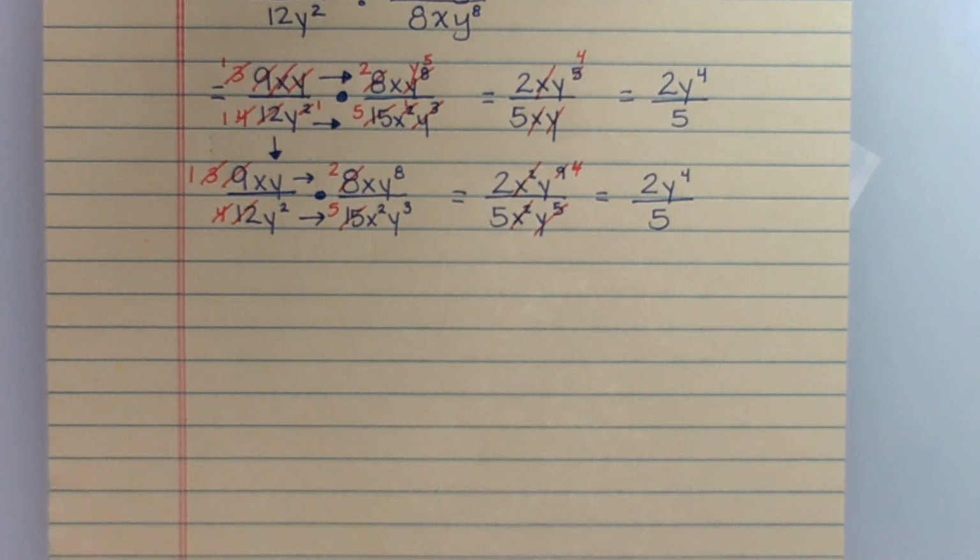Do whichever way is easier for you. If you want to fully cross-simplify, great. If you want to only partially cross-simplify, great. As long as you simplify at the end, you're golden.